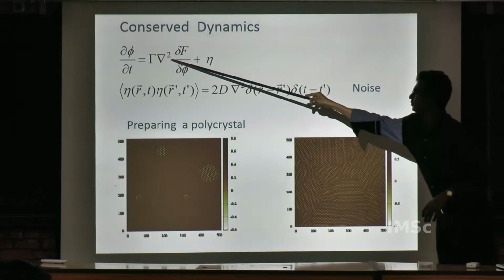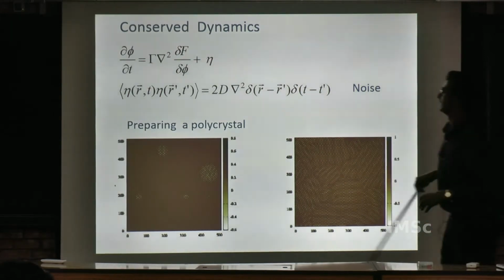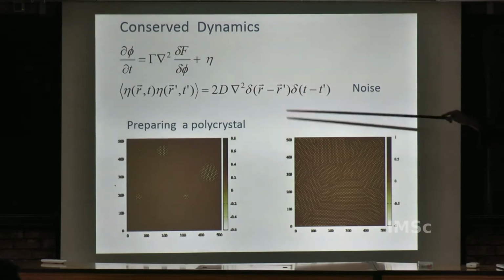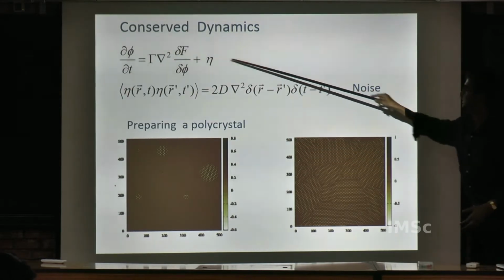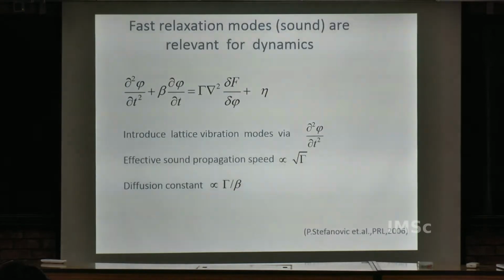So you will put that grad square, with a diffusive time scale gamma inverse, and this is noise, and the noise is also conserved for the same reason. If you are interested in an equilibrium crystal, you could just start from this state and let this system evolve, and it will end up like this. Now why polycrystal? I'll come to that next.